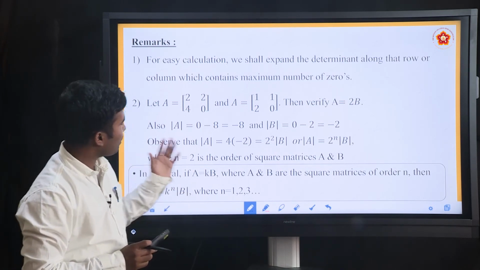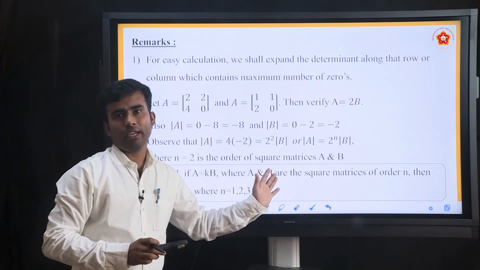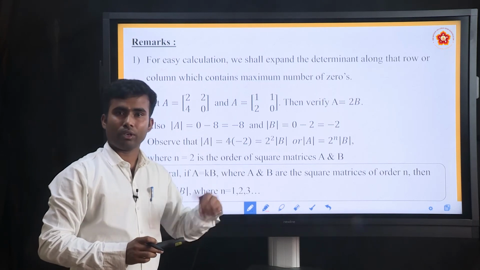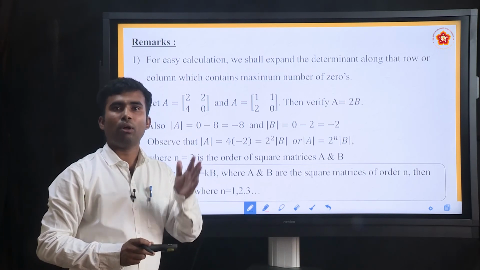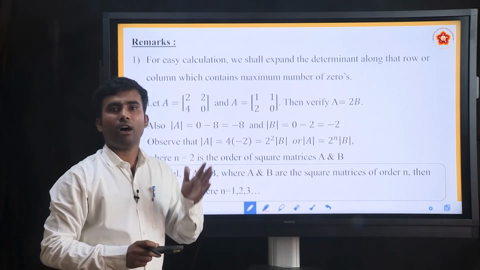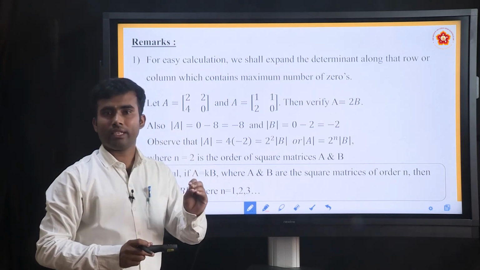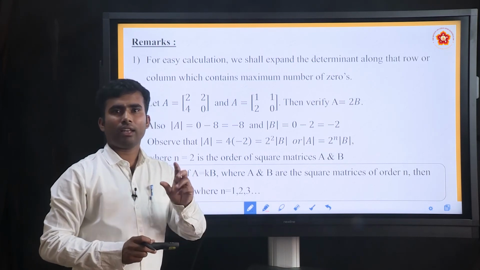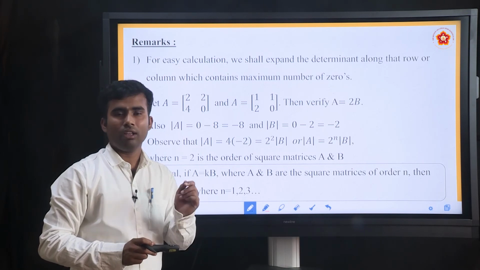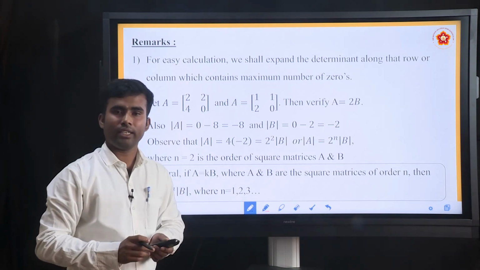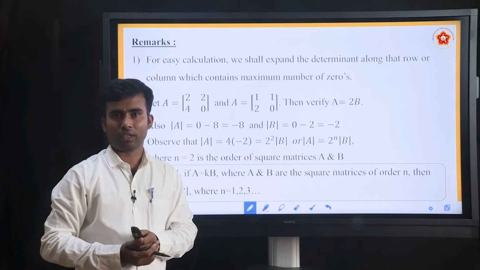In the next class, we are going to start exercise 4.1, which mainly depends on expansion of determinants, finding the value of determinants of order 2, 3 like that, and finding the values of x using equal determinants and so on. So, we will study expansion of determinants in exercise 4.1.